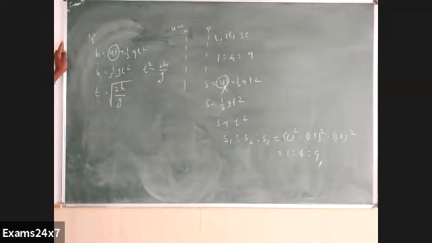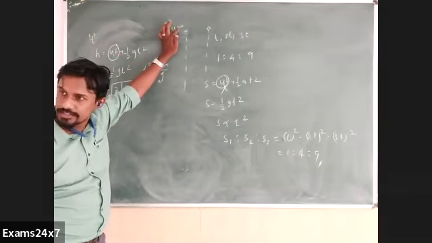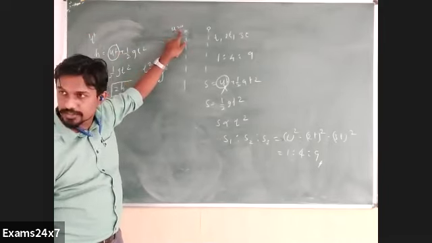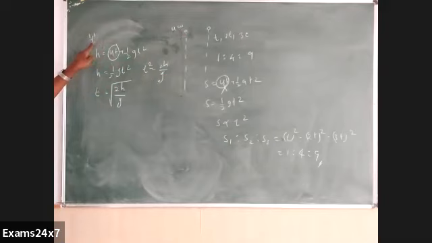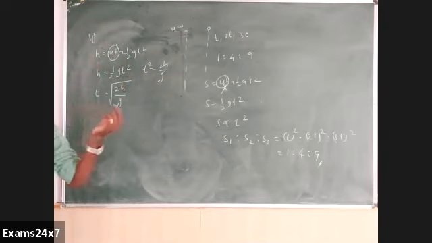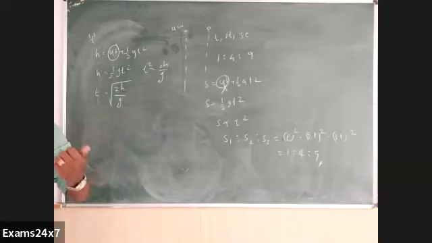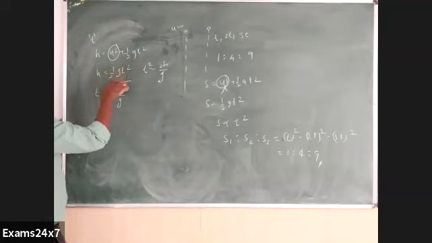What's the situation here? An object is dropped from a height h. Dropped means initial velocity is 0. The displacement traveled in time t is h is equal to half gt square, from s is equal to ut plus half at square, where u is 0 and acceleration is g. If you rearrange this, 2h by g is equal to t square, or t is equal to root of 2h by g.